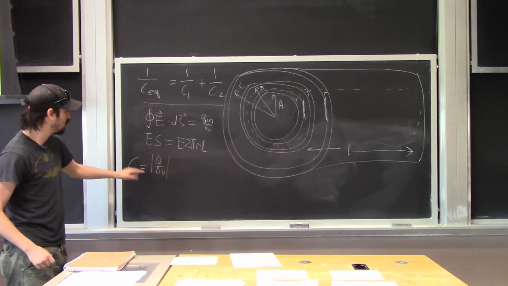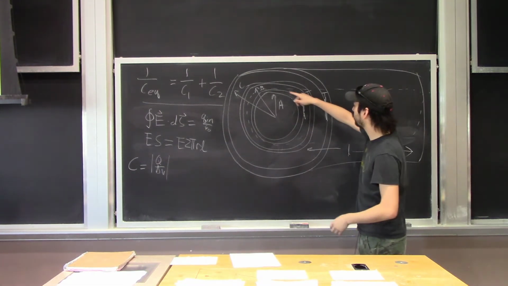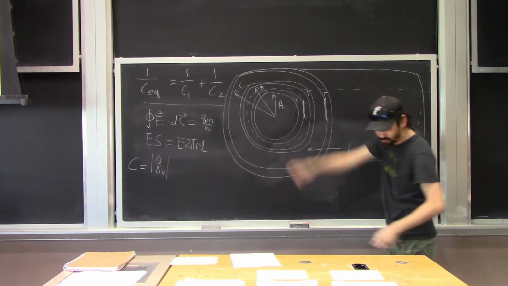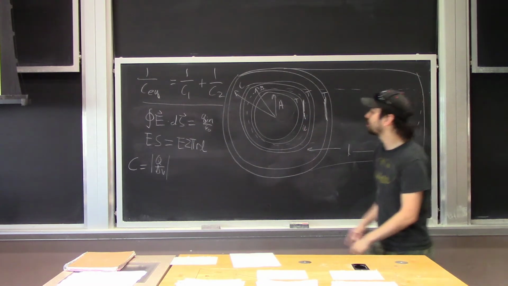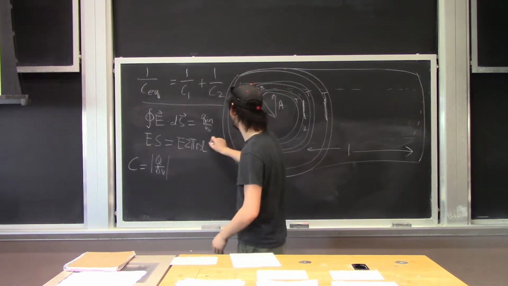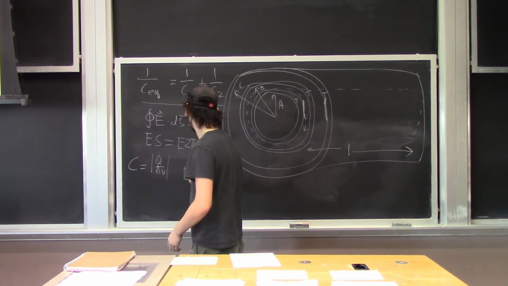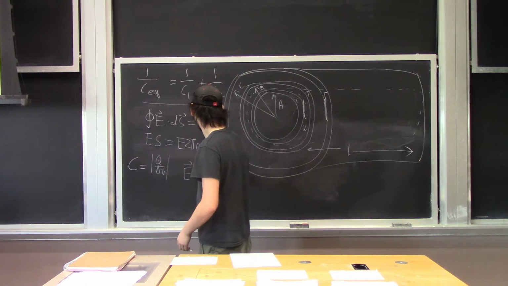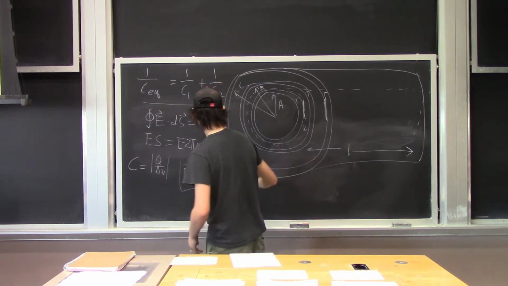So if I have this Gaussian cylinder enclosing the entire inner shell, and I put some charge Q on it, then Q_in is just the total Q. So this is Q divided by epsilon naught, which says that the E vector is equal to Q divided by 2 pi r L epsilon naught in the r hat direction, so it's radially outward.